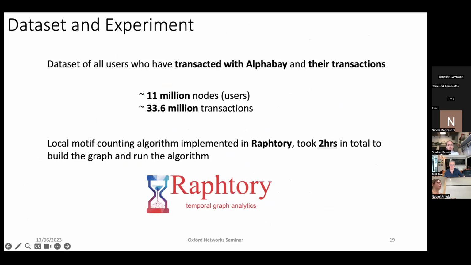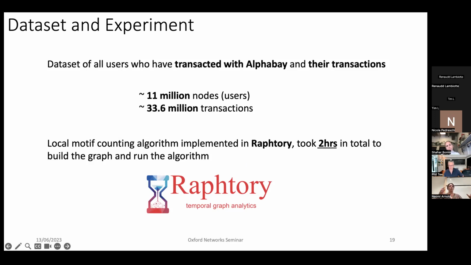And in the experiment, we were using a data set from the company Chainalysis, of users who had transacted with Alphabay at some point, as well as their transactions. So essentially going out 2 hops from the Alphabay market.